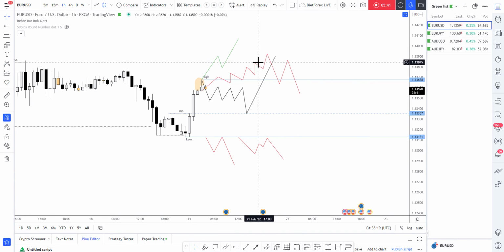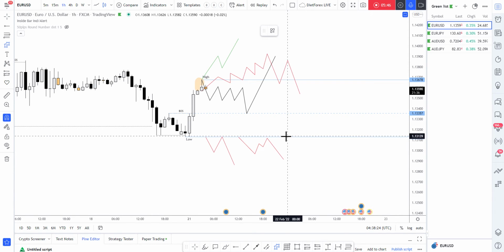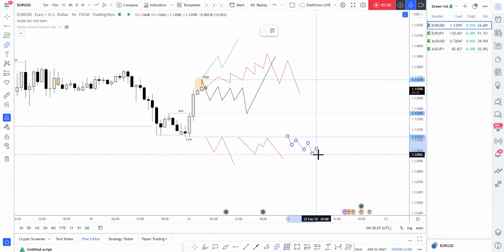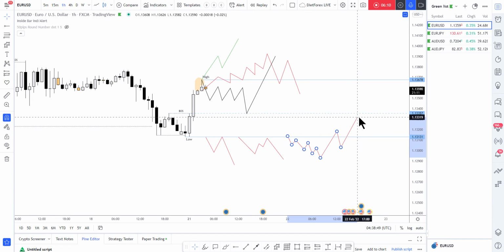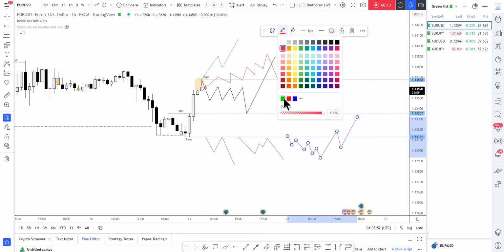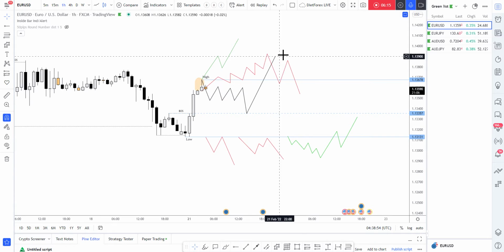So this is what I'm looking for on this one, and of course we don't want to discount that it could easily break this major low in descending fashion, and then I'm going to sit on my hands and wait for a break of that descending channel. It could be, and wait for the bullet or a bump before continuing to the upside. So that's going to be a bullish scenario. So there you go.